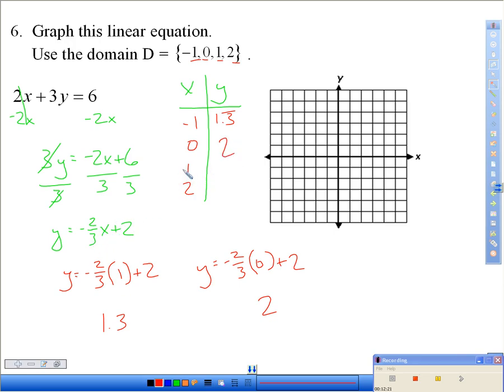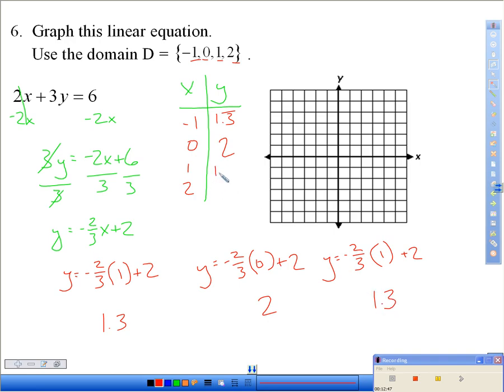Then we need to take 1, our next x value, and put it in place of x and see what we get. So we're going to end up with y equals negative 2/3 x. Oops, sorry. Y equals negative 2/3 times 1 plus 2. When we simplify this, we get negative 2/3 plus 2, which would give us 1.3.